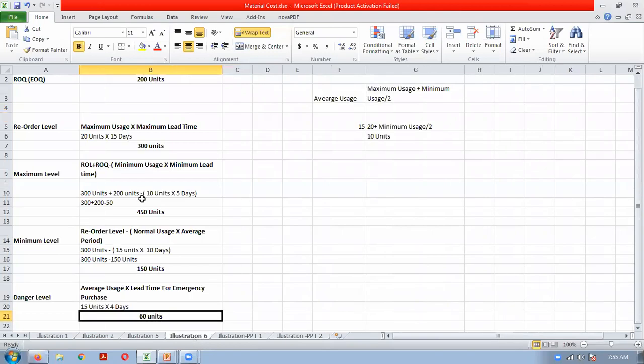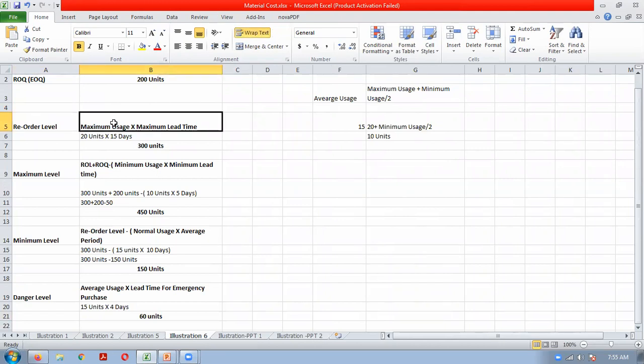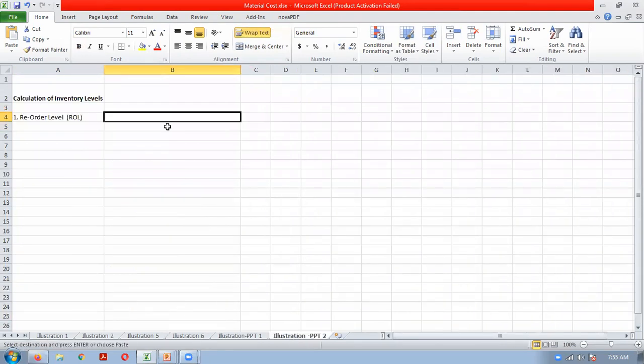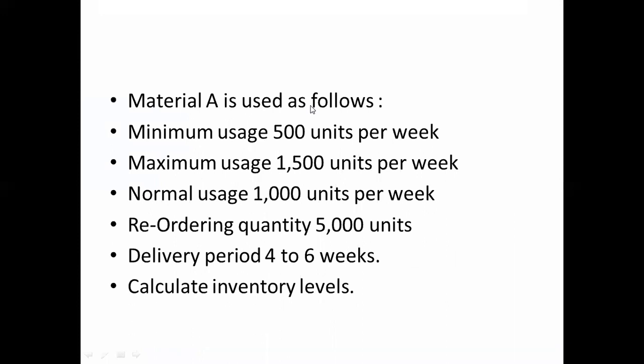Reorder level formula is maximum usage into maximum lead time. Now we know the formula, so we can get the details from the question. Maximum usage is given as 1500 units per week, and maximum lead time is 6 weeks. Delivery period and lead time are the same.